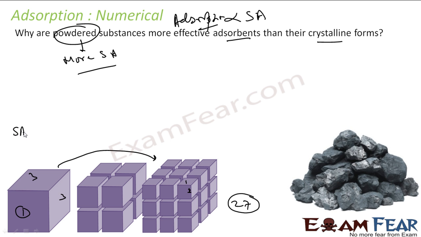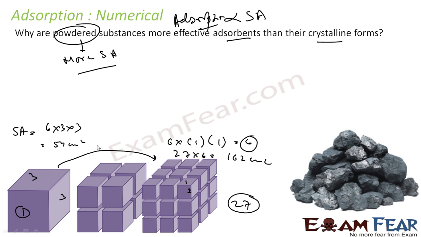Let's find the surface area in this case. Surface area is 6a squared, so 6 into 9, that is 54 square centimeters. For a single small cube, the surface area is 6 into a squared, where a is 1, that is 6. But there are 27 cubes, so the total surface area is 27 into 6, which is 162 square centimeters. Earlier the surface area was 54.